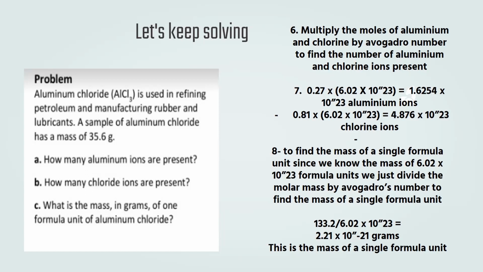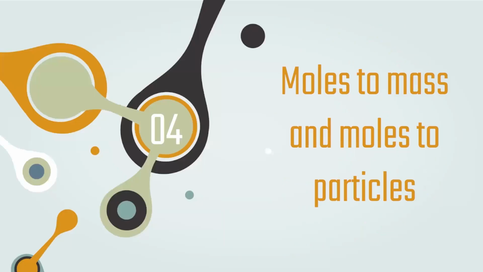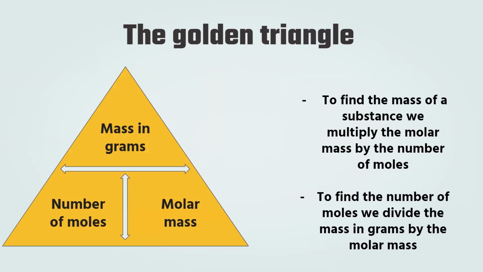Now let's begin with converting moles to mass and moles to particles. Before we get into that, I want to present you guys with the golden triangle. Now, observe the triangle for a second. At the top of the triangle, you have a section called mass in grams. On the bottom left, you have number of moles. On the bottom right, you have molar mass.